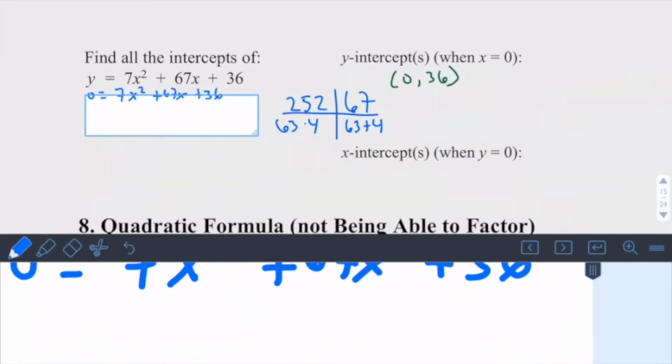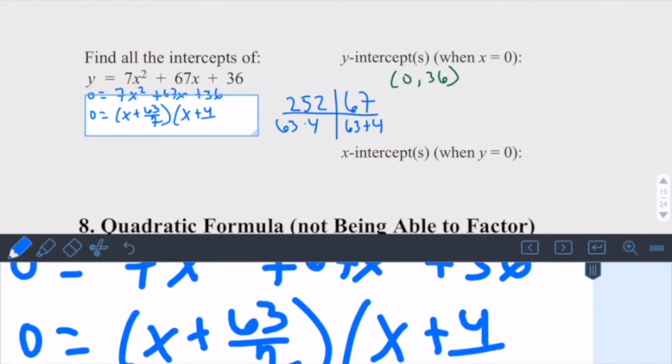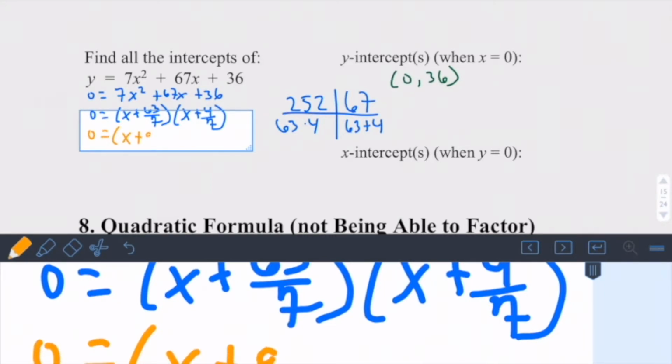So now I write my factors. x plus 63 divided by 7, and x plus 4 divided by 7. Well, 63 divided by 7 is just 9, so x plus 9.